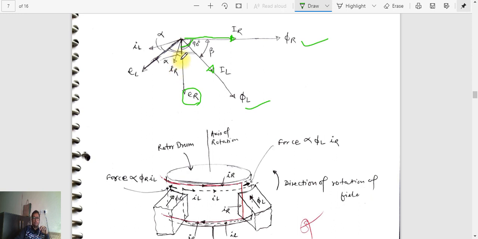After that, the eddy induced current IR lags by alpha, and from phi L the induced EMF is EL, and IL induces an eddy current, alpha angle lagging.